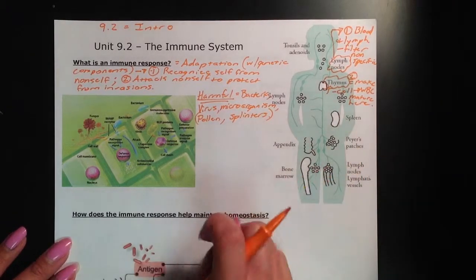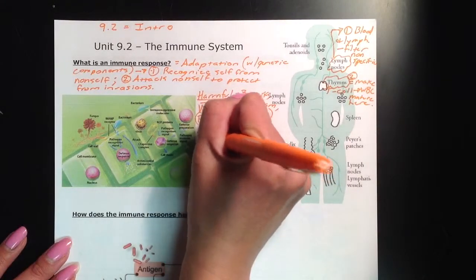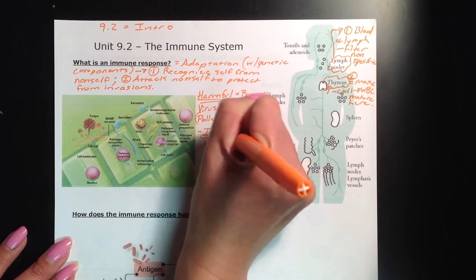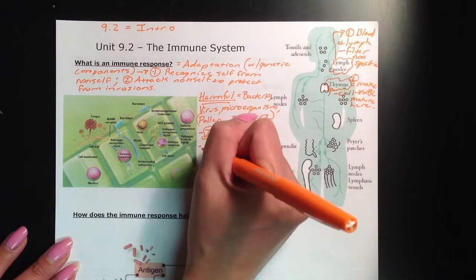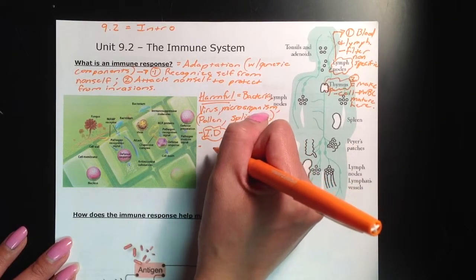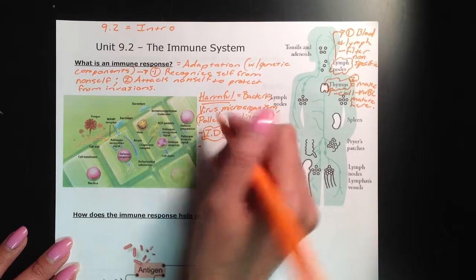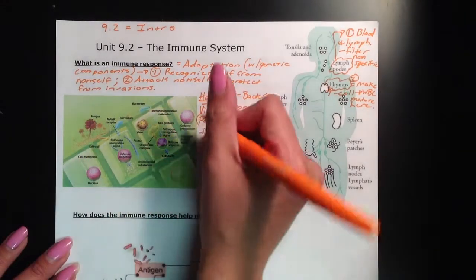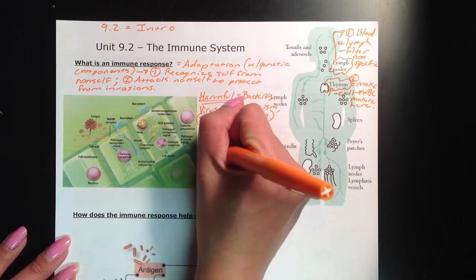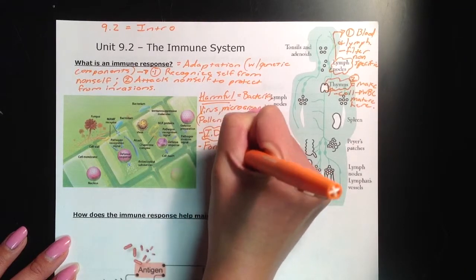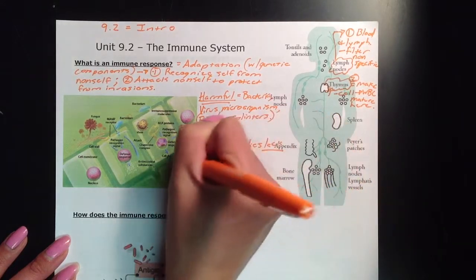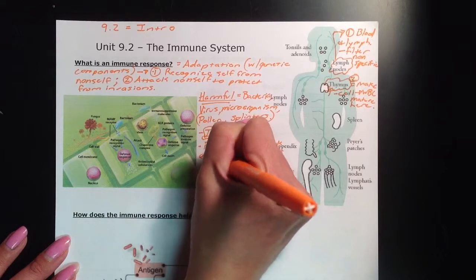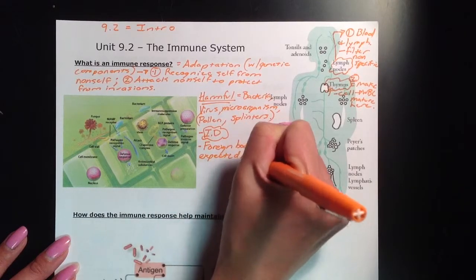When we're talking about self and non-self, we're really talking about IDs, identification of the organism. And in order to ID something that is self and non-self, antigens, or things that could make you sick, are going to be foreign bodies that lack expected molecules.